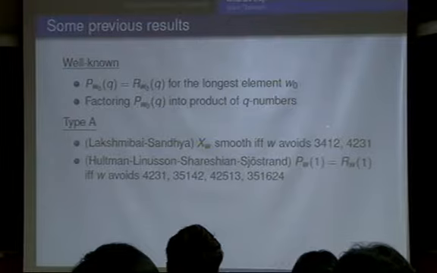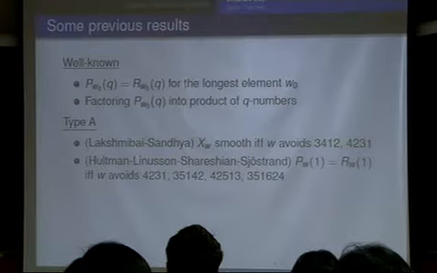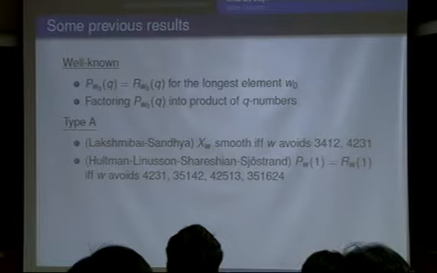So that means this contains 3 4 1 2. And if W avoids these two patterns, it has to avoid these 4 patterns. And so for a smooth Schubert variety, we know that the Poincare polynomial and the region polynomial are the same when evaluated at 1.